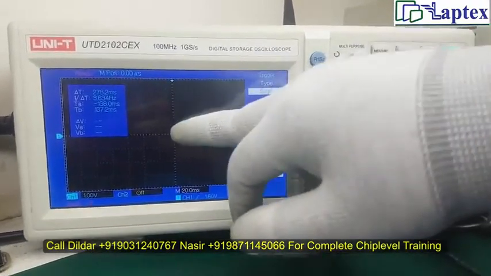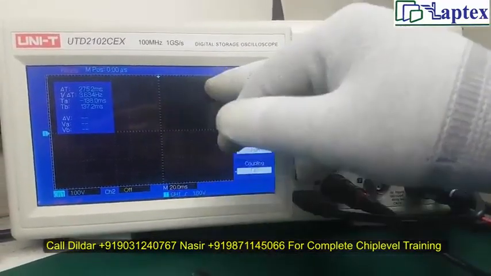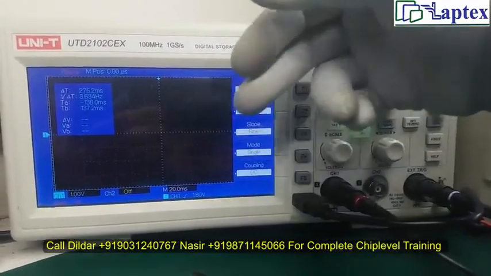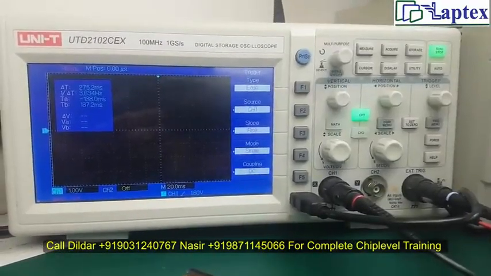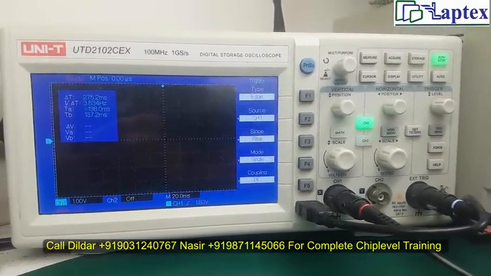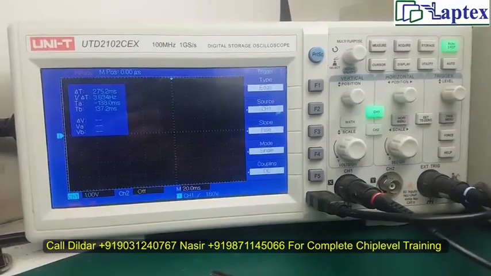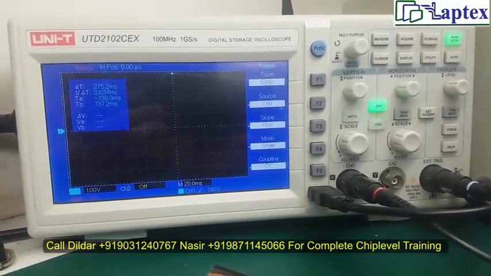Previously I told you that I was not getting the chip select, so what I did was reduce the time scale. So I am holding my probe on pin number 6, that is the clock. Now you will see.